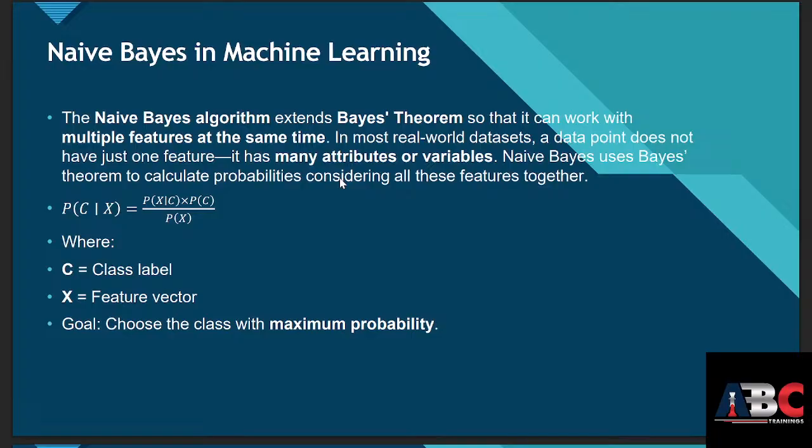Why is it called Naive Bayes? Naive Bayes assumes that the features are independent of each other. For example, if an email contains the word free or pizza, the algorithm assumes that the presence of one word does not affect the probability of another word appearing. In reality, words in a sentence are often related.